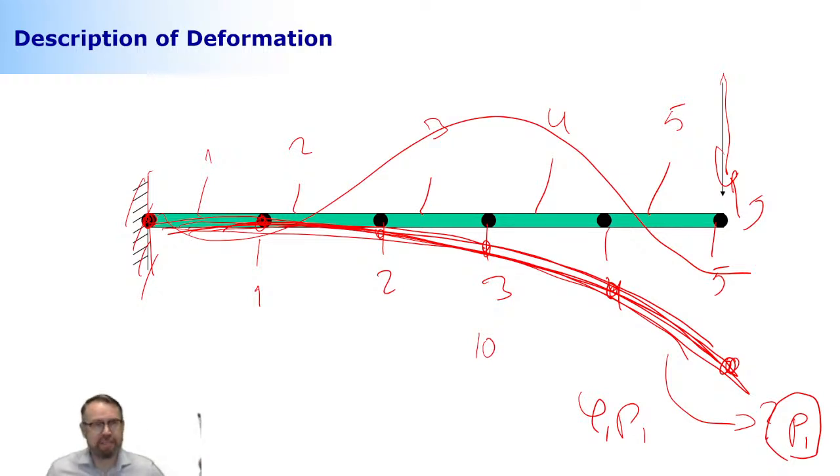Where can we get these ways that the structure can deform? The most obvious way is to conduct an eigenvalue analysis. Eigenvalue analysis tells you the relation between mass and stiffness. This tells you the vibration properties of the structure.